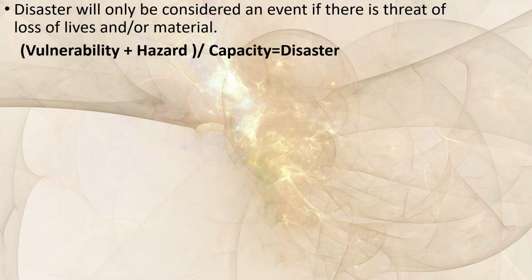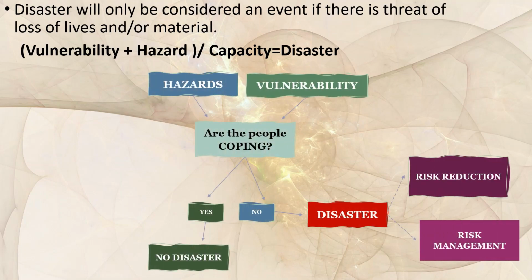So we have your formula for a disaster: vulnerability added to hazard divided by the capacity, and that will become the disaster. Here, you can see in our illustration, we have the hazard and vulnerability. Are the people coping with these hazards or vulnerability?